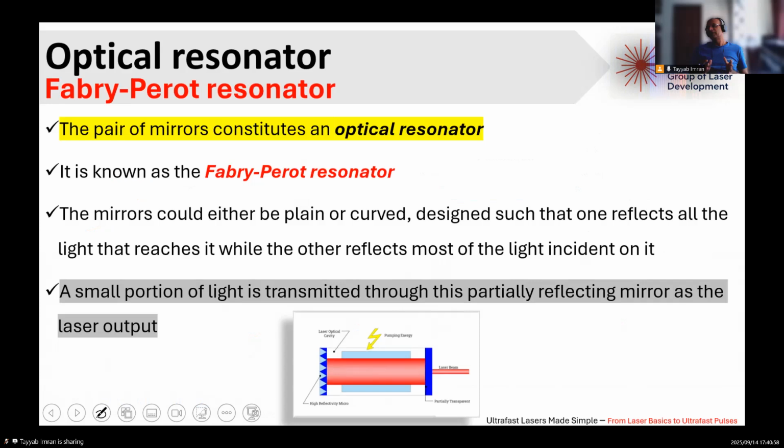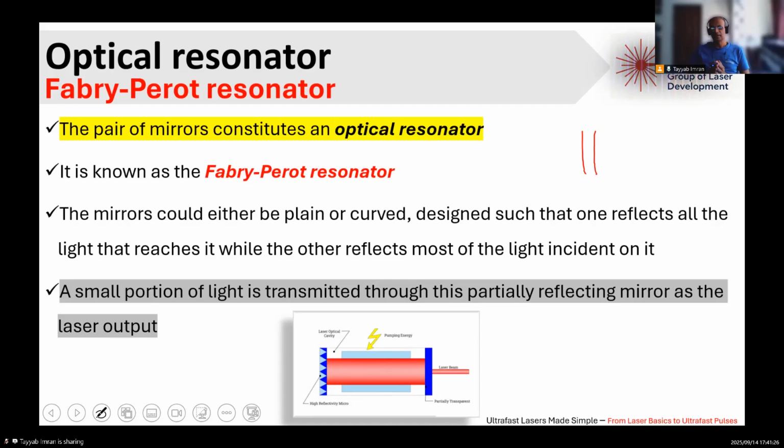This resonator is very similar, or in some sense you can say it's a Fabry-Perot resonator. A Fabry-Perot resonator is actually two mirrors side by side, parallel to each other, usually very close to each other. If we arrange them in this way, we form what is called a Fabry-Perot resonator.